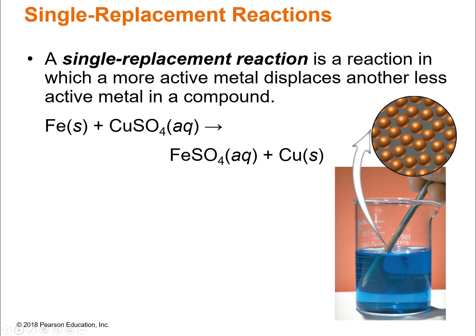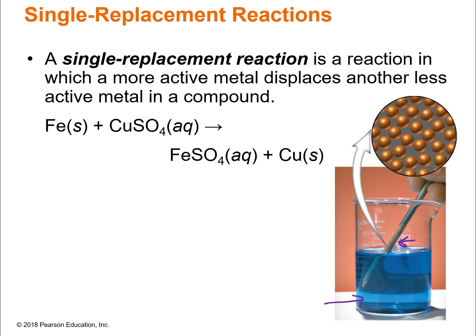So a single replacement reaction, you have a more active metal displacing a less active metal in a compound. The example here is we've got some copper 2 sulfate in a beaker. So that's that pretty blue color that I mentioned before. Aqueous solution, so it's dissolved in water. And then you take an iron rod and put it into the solution.